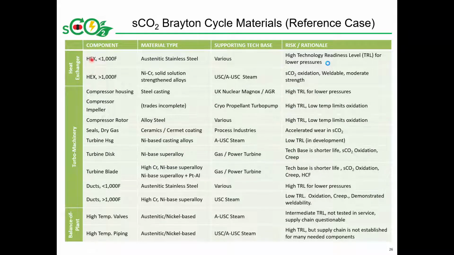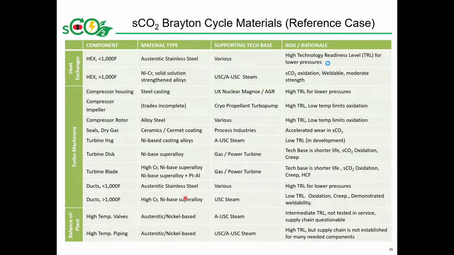We've got various components broken up into heat exchangers, the turbomachinery components, and balance of plant components, including valves and piping. So you've got the various components or subcomponents within those groups. We've got the material types that have been studied for application for these components, the supporting technology base for those materials, and the current risk or rationale for using those materials for those components.